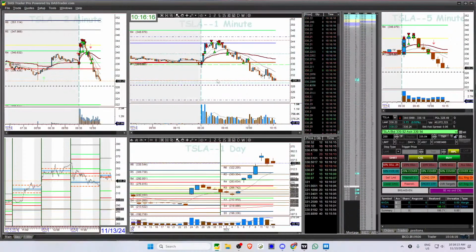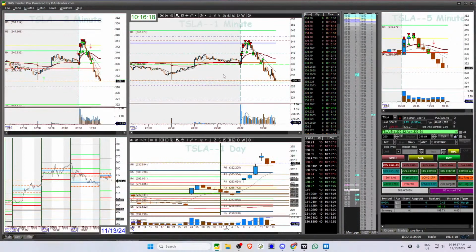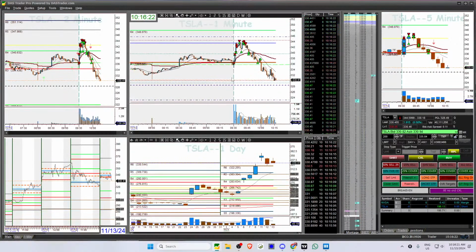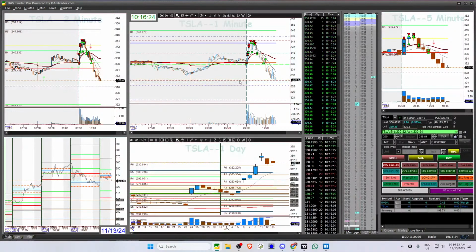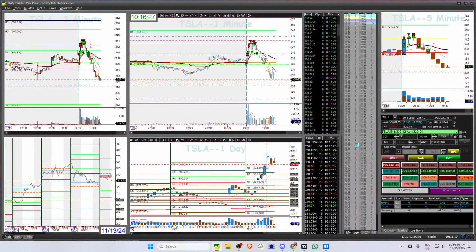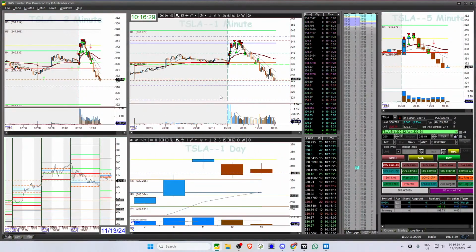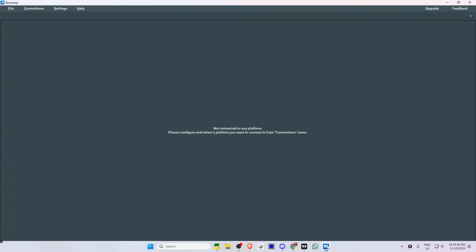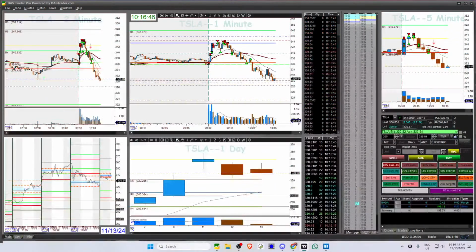Since I cut my size down so drastically, this will probably be the one that never comes against me and runs 100 points. And it never came against me, and I ended up getting like 113 points out of it. It was so easy to hold. It had moved 20 points already, but if it came back and stopped me out, I'd only be out like $50, so I wasn't going to lose anything. It was really good practice.